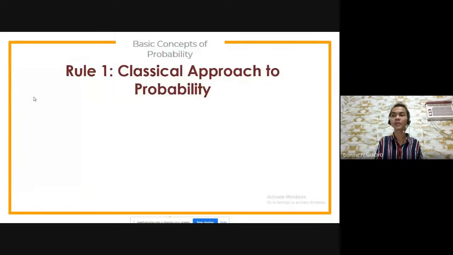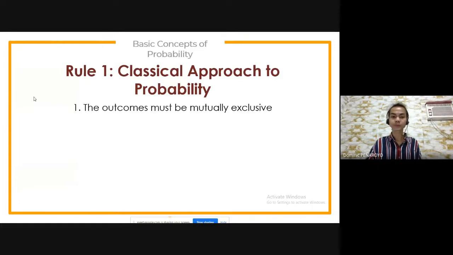Alright, now let's proceed with rule 1, which is all about the classical approach to probability. In the classical approach to probability, we have two assumptions.